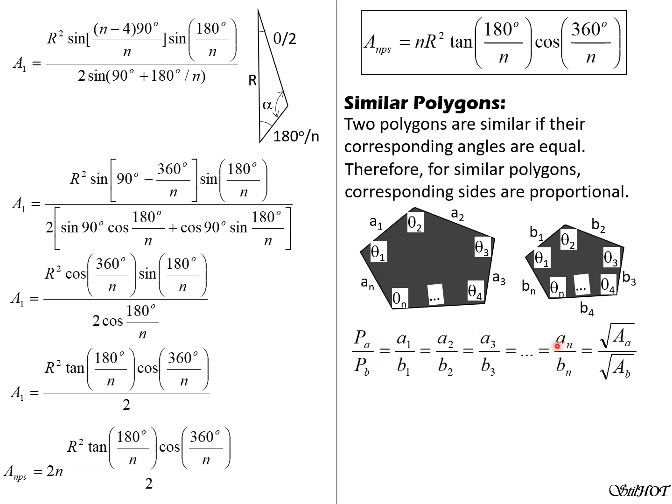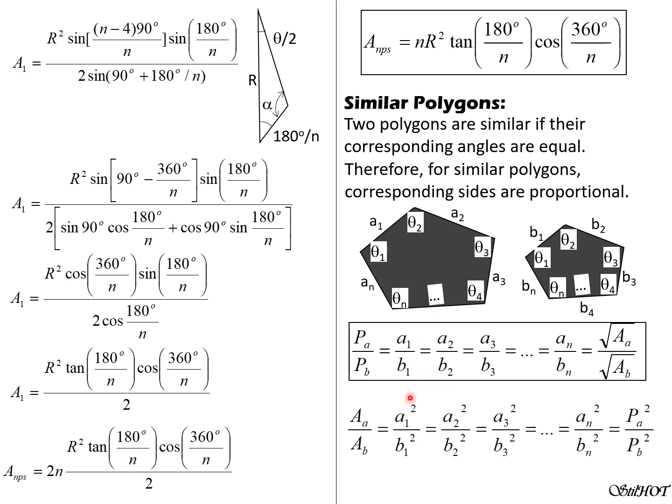So that's why, for area, we must extract the square root also. Likewise, if it is the area, in square units, it should be the ratio of the squares of corresponding sides, or squares of the perimeters also.